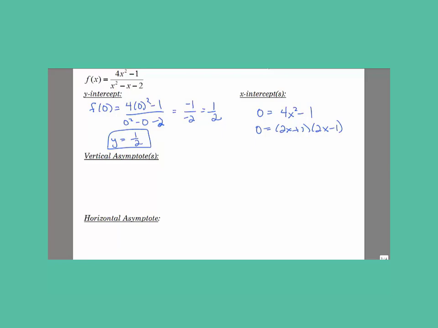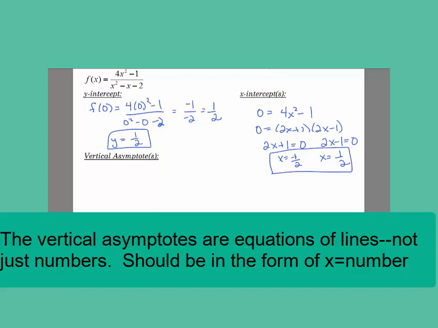This time I will need to factor, and I get 2 x-intercepts. The vertical asymptotes are found by setting the denominator equal to 0. I get 2 of them.